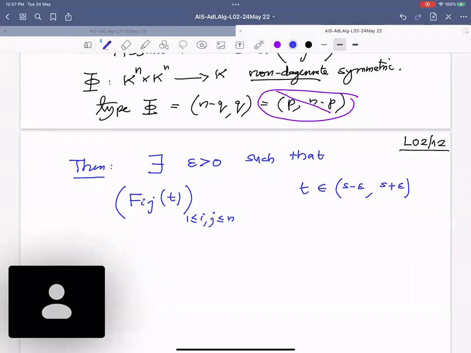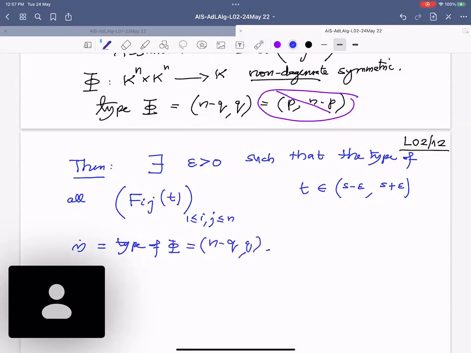That is the assertion. So, there exists epsilon positive such that the type of all these matrices in this interval is the same, is equal to the type of phi which we have denoted n minus q comma q.